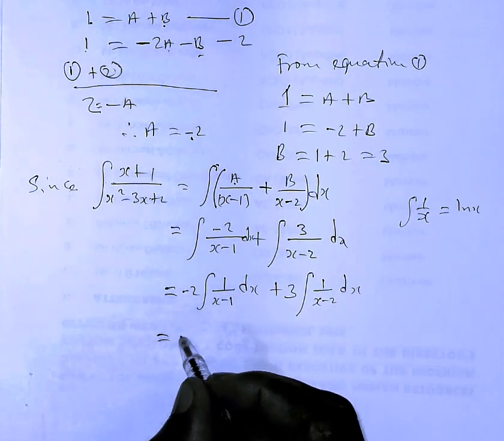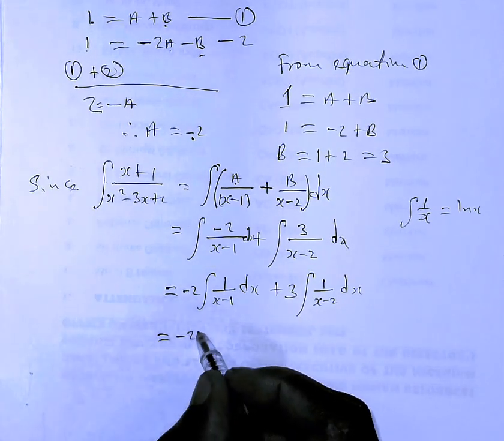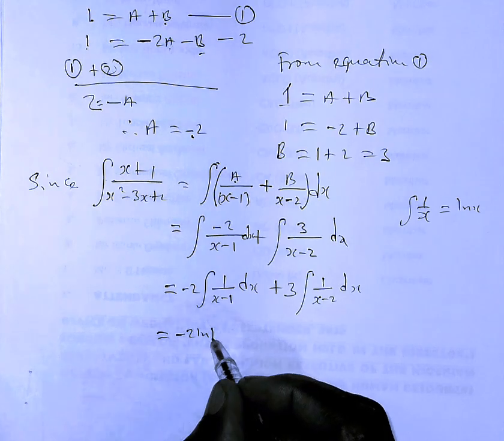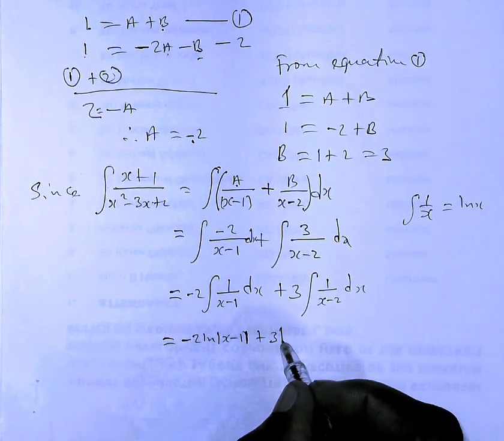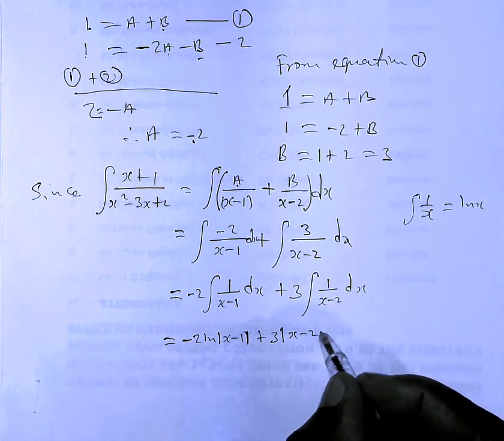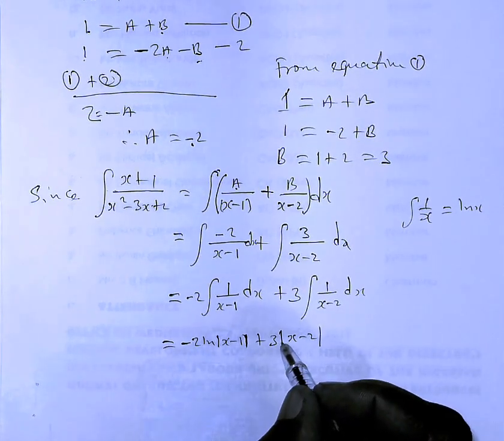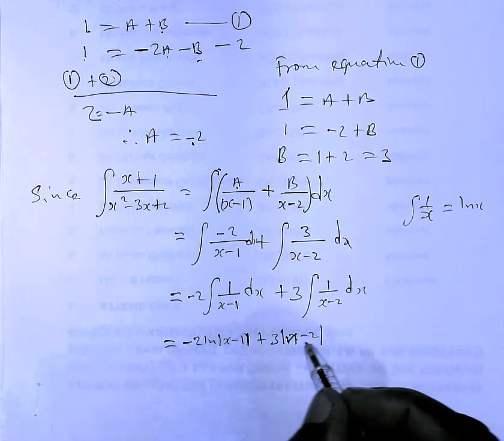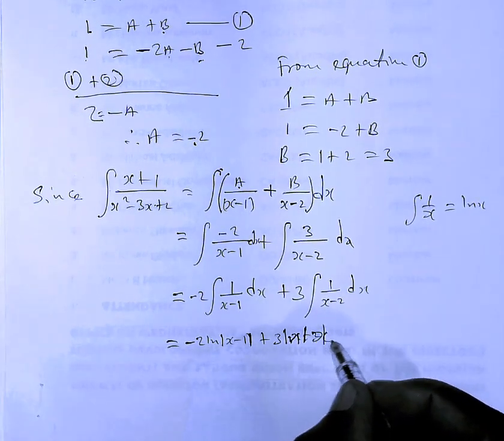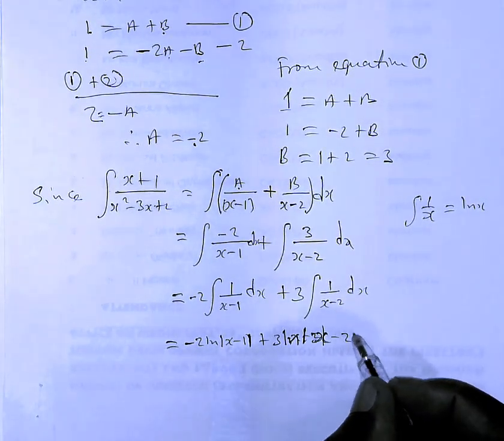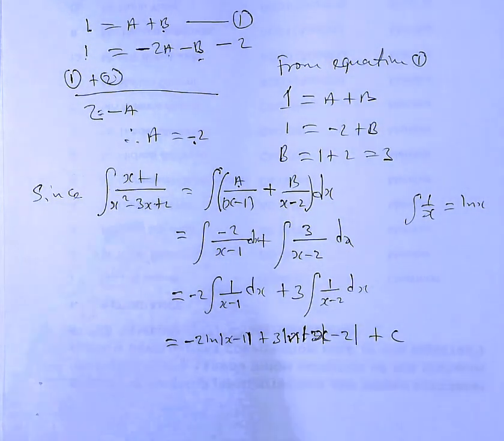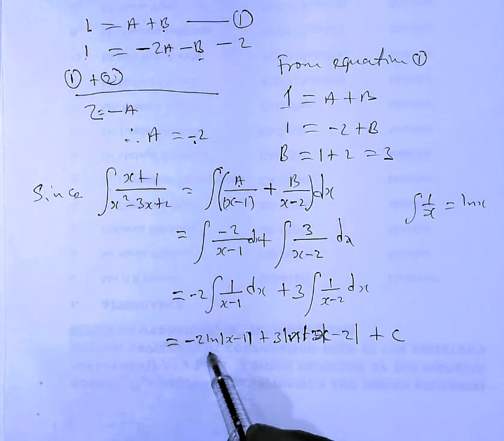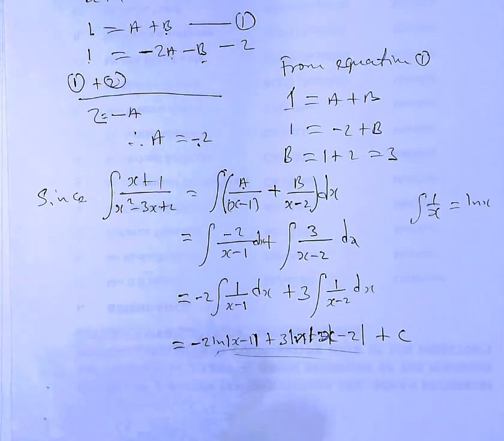By implication, this will be minus 2 ln(x minus 1) plus 3 ln(x minus 2). Then always make sure that you add the integrating constant, and that is how we come to the end of this. This is the solution of the function given to us.